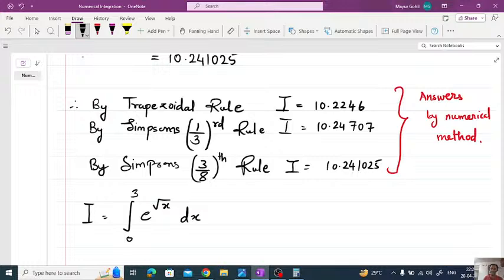You will get your answer as 10.27544. This is the exact answer, the answer by the analytical method.